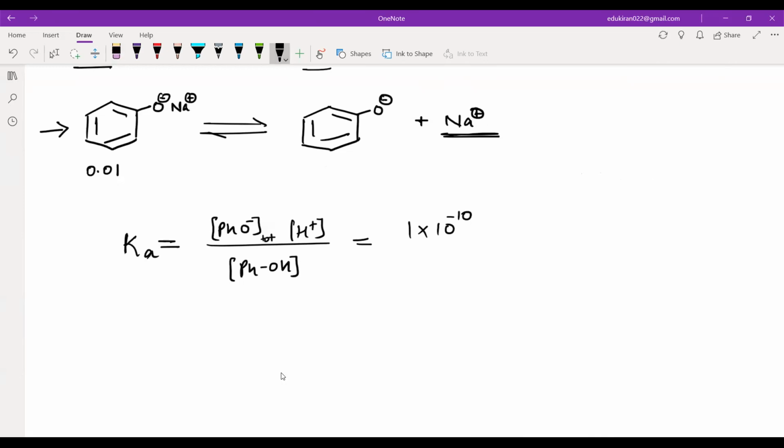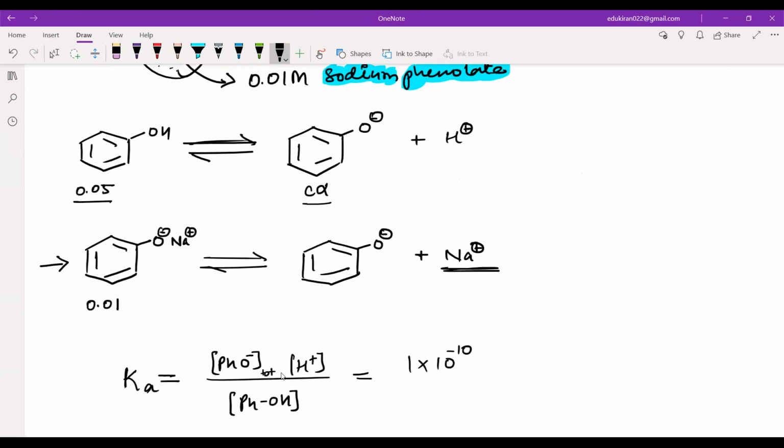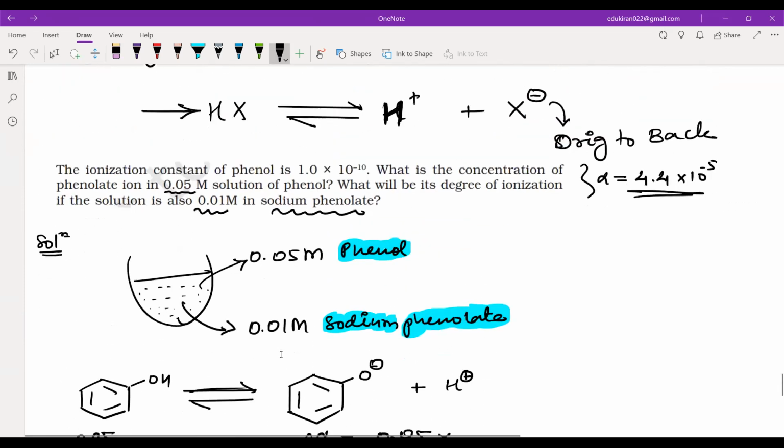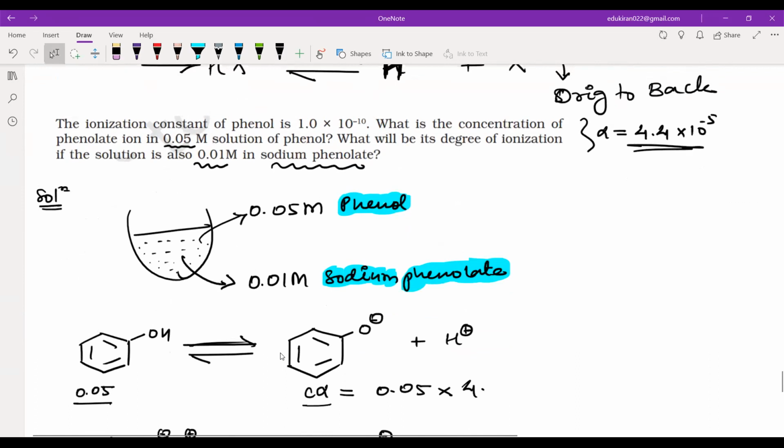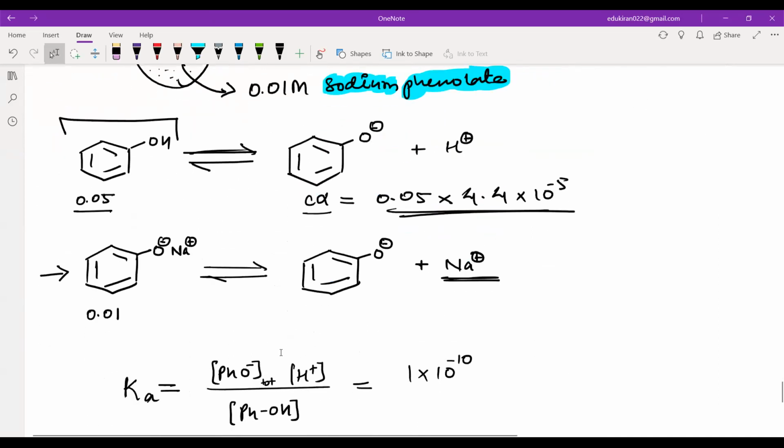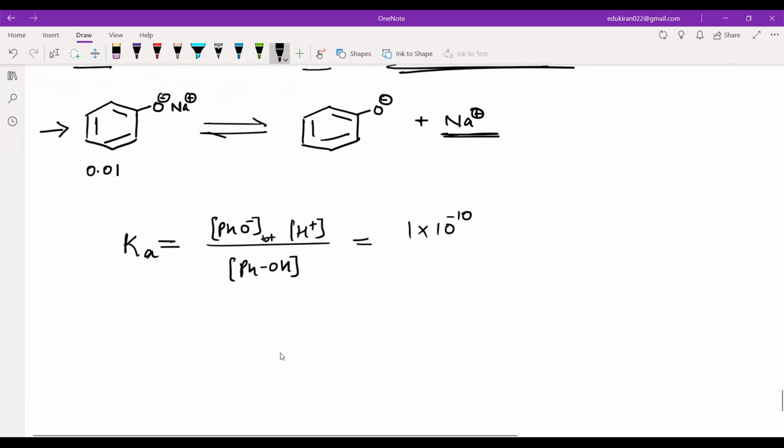Now, moving from that idea, I can say that the concentration of phenolate ion we have got is C alpha, right? So C was 0.05 into alpha was 4.4 into 10 to the power minus 5. This is the concentration of phenolate ion due to phenol. The concentration of phenolate ion due to the sodium phenolate is 1 into 10 to the power minus 2 molar. Yes or no?